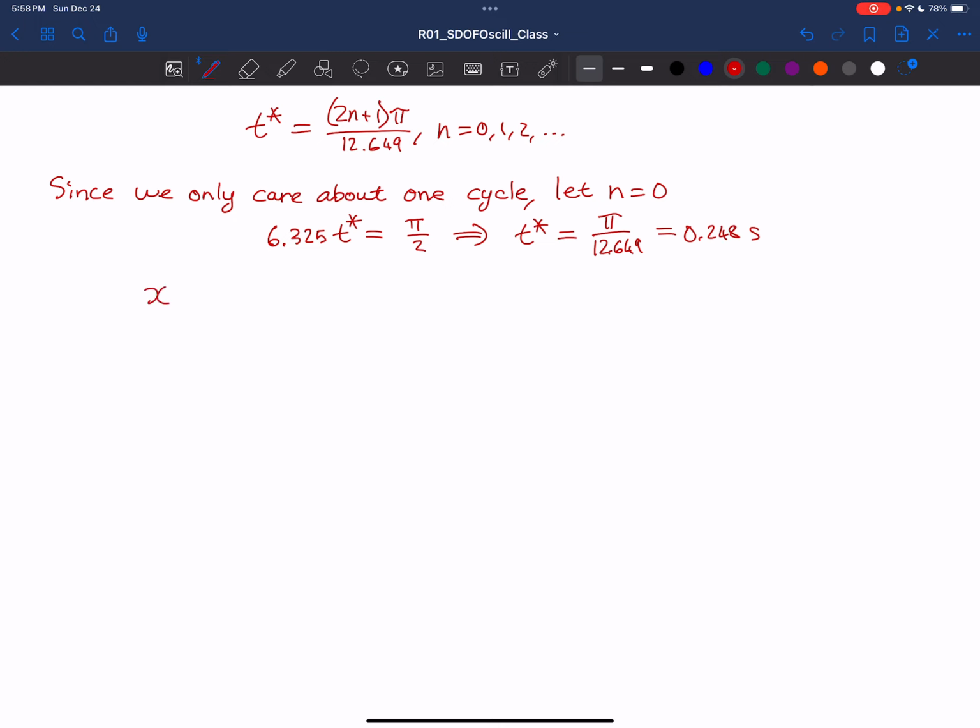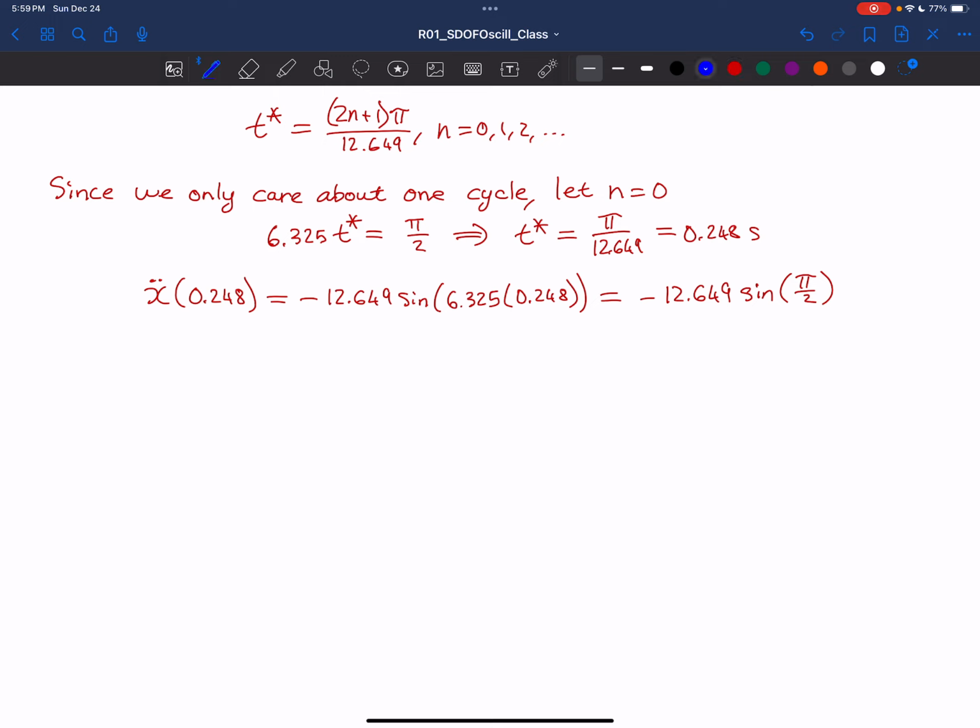So x double dot, now evaluated at 0.248 seconds, is equal to minus 12.649 times the sine of 6.325 times 0.248, which is then equal to minus 12.649 times the sine of pi over 2.